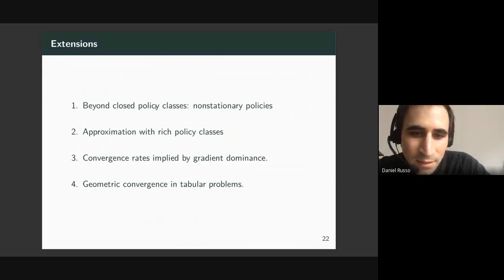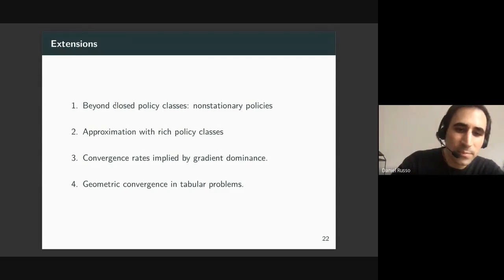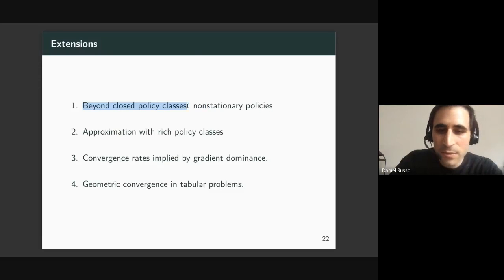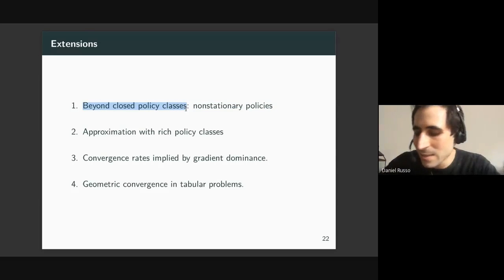the paper itself treats a number of extensions with more depth. So for example, we look at a curious case of non-stationary policies and show that in that case, the policy class does not actually need to be closed. It's enough that the policy class contains the optimal policy.